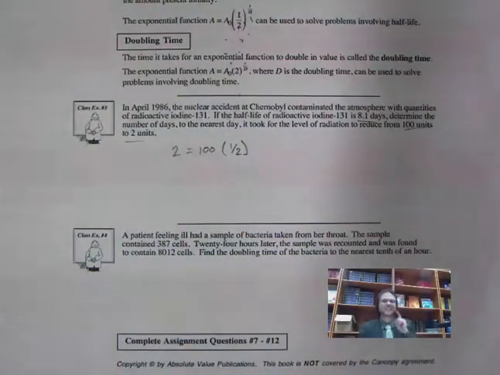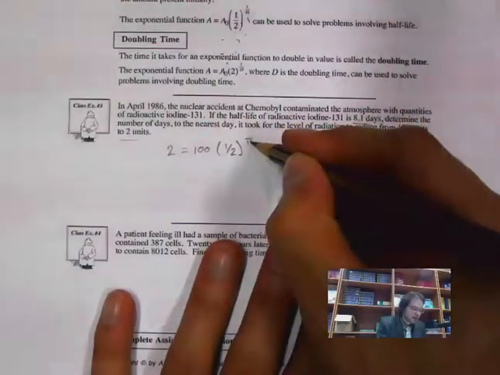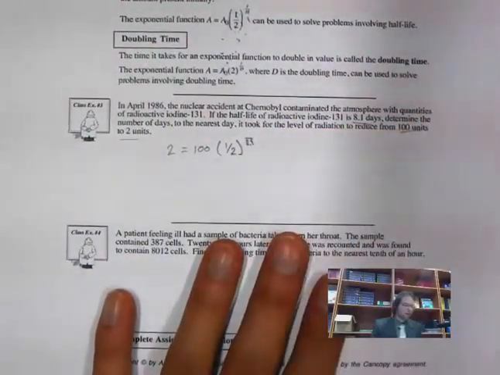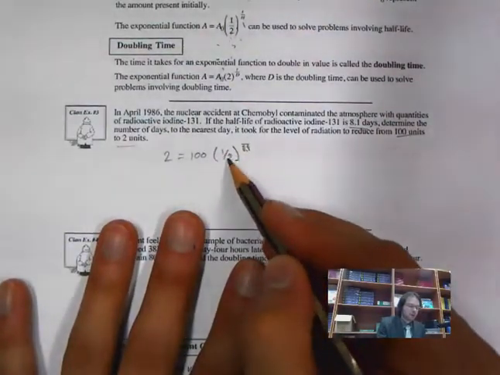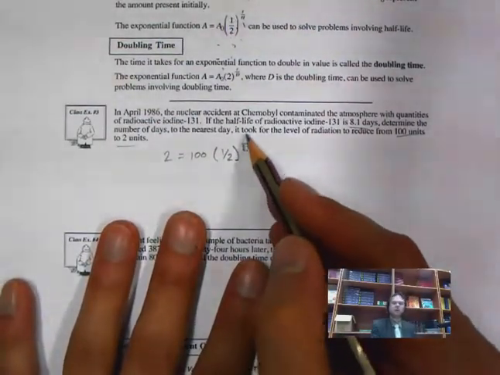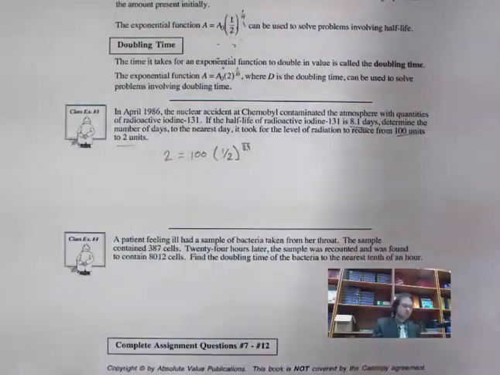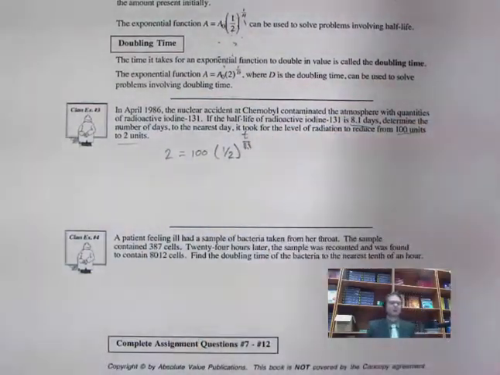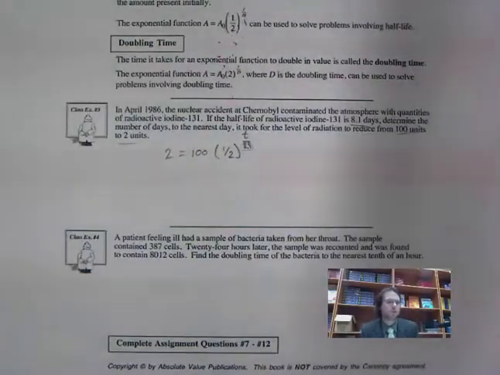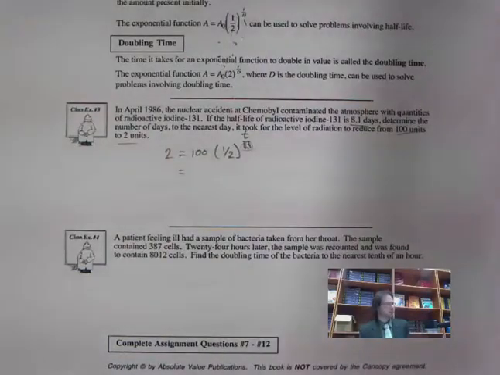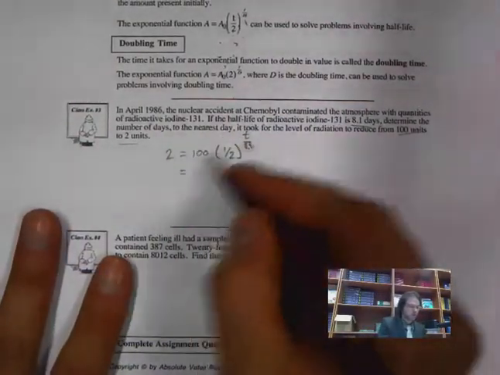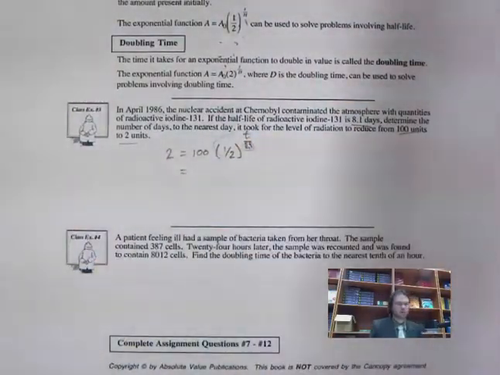But how long does it take to make one complete half-life? Well, it'll take 8.1 days. So if my t is 8.1, that is 1/2 to the power of 8.1 over 8.1 to the power of 1. So that's my time there. That is why I must divide this by 8.1. Hopefully you get that. It's kind of crucial. So I'm going to start solving for this. First thing I'm going to do is divide both sides by 100 to isolate this, my variable, the best I can.